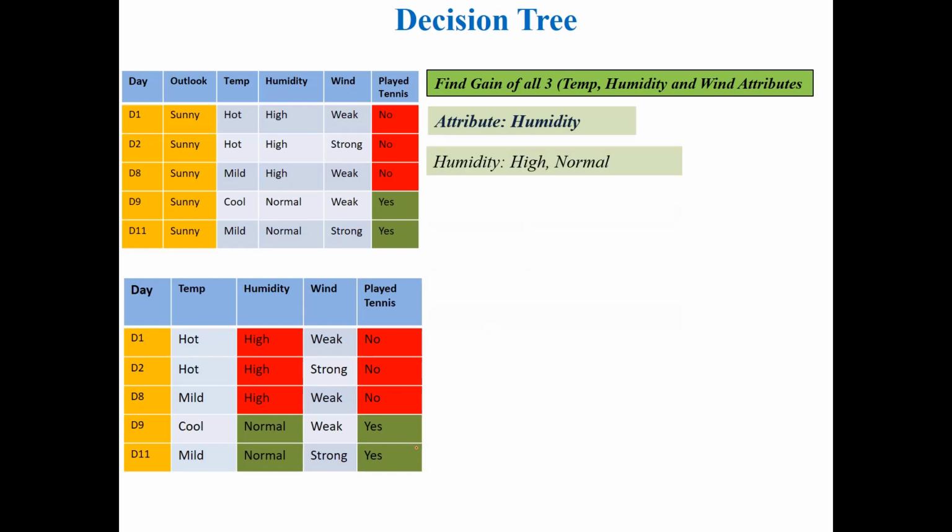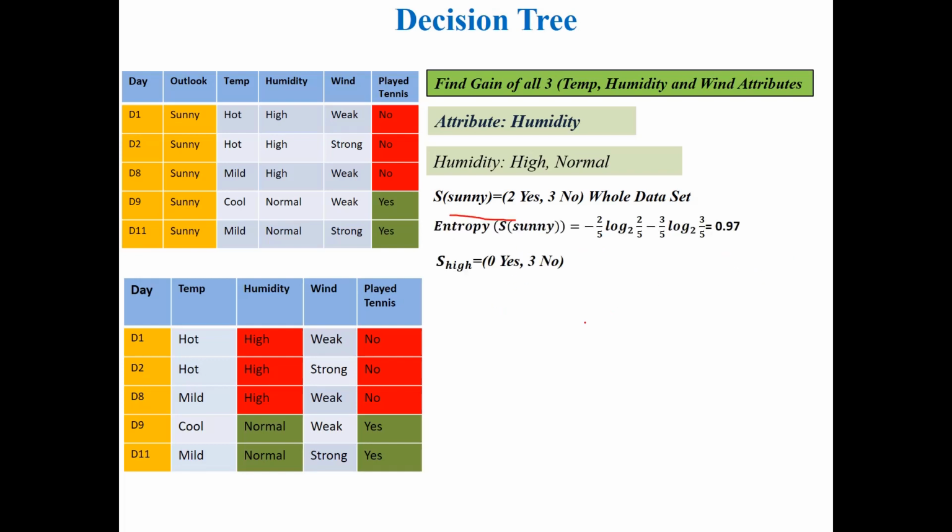Same procedure we have to repeat for the humidity now. For humidity again, high and normal, but now we are considering the whole data set as sunny, and for that 0.97, which we have already calculated. Now consider high: all 3 are no, and 2 normal, all 2 are yes.